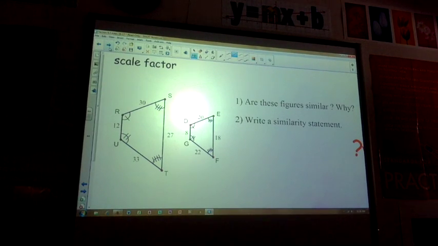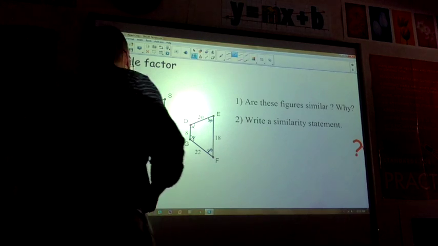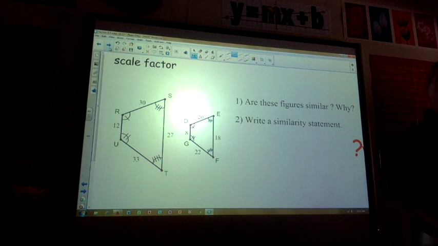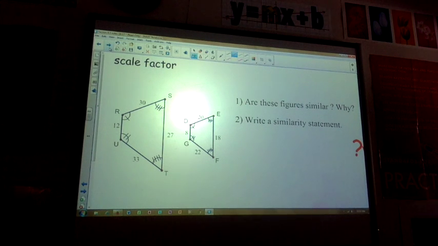Scale factor. Are these figures similar? And why? Well, looking at them, they look like they could be scale factors of each other, but we shouldn't trust the diagram. So what's something that should stick out to know that they are similar? The angles are the same.